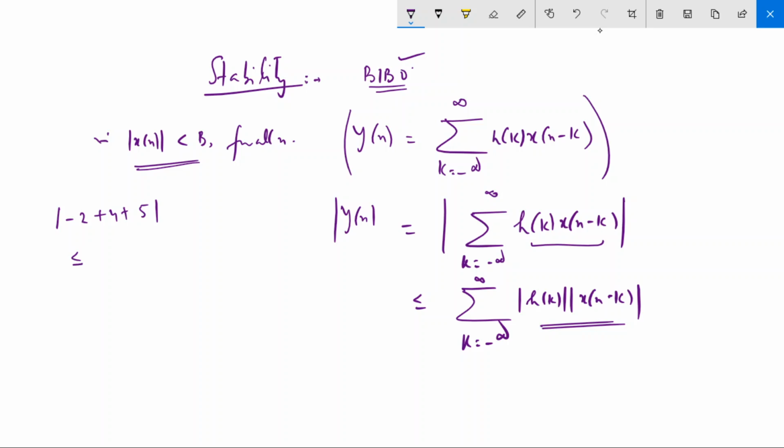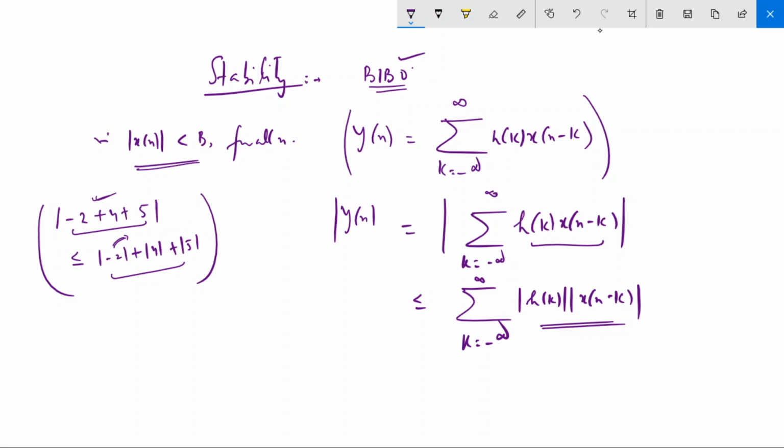This should always be less than or equal to the magnitude of minus 2 plus the magnitude of 4 plus the magnitude of 5, isn't it? This is what I have used here. In the first case you are taking the magnitude of the sum. In the other case you are taking the sum of the magnitudes. When you take the sum of magnitudes, all the negative values become positive, so this will always be greater than this.